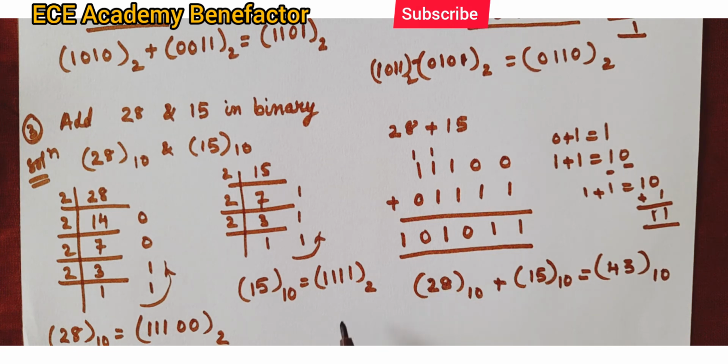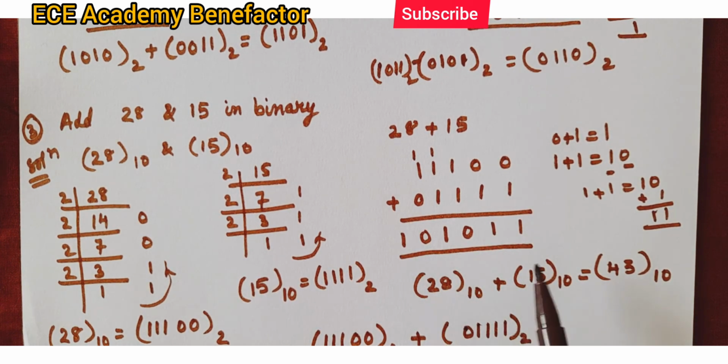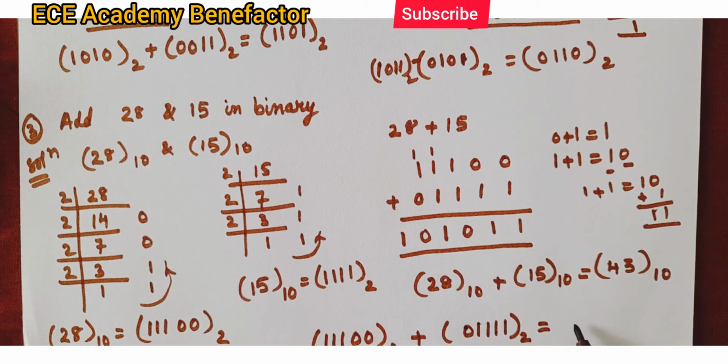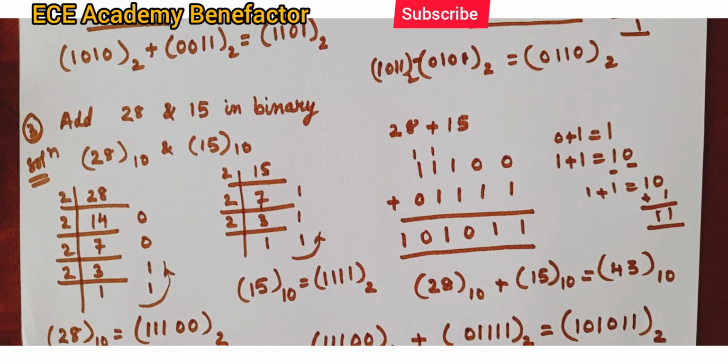How to represent 28? 11100 in binary when added with 15, which is 4 ones. But here there are 5 bits, so we add a 0 to it and add. So we are getting the answer as 101011 in binary.